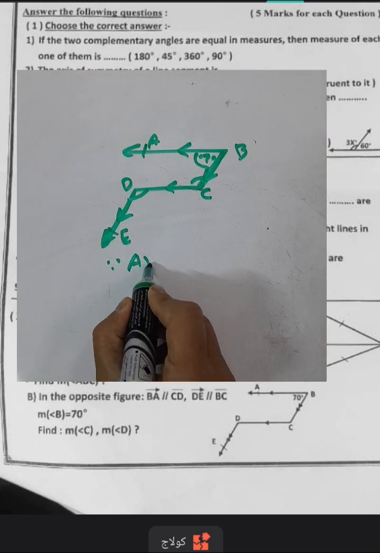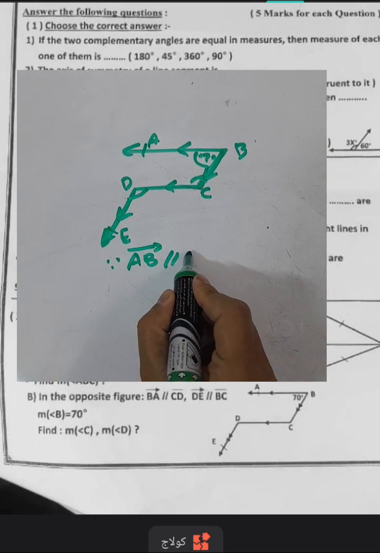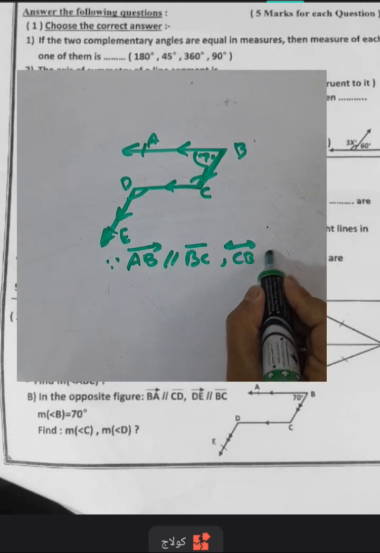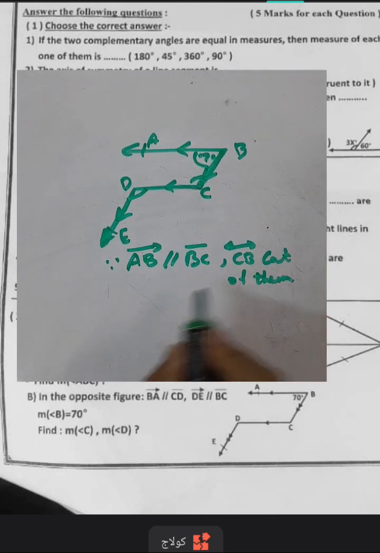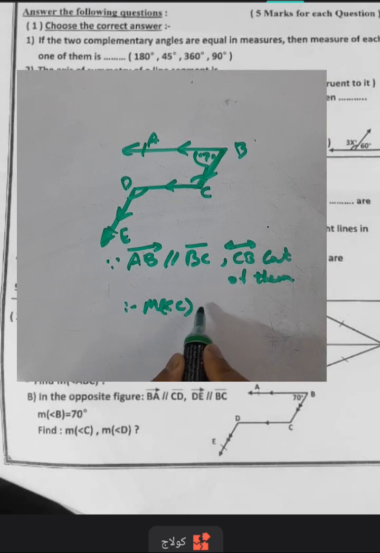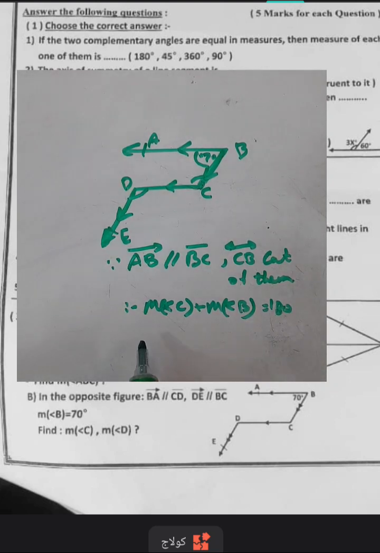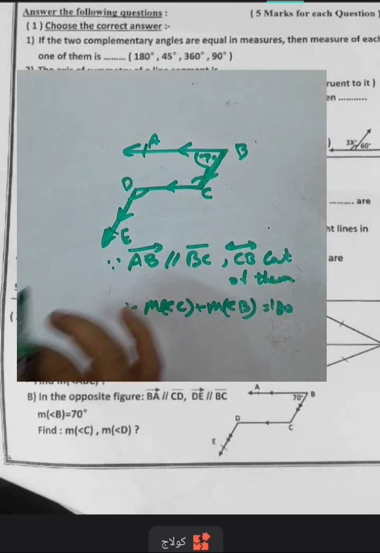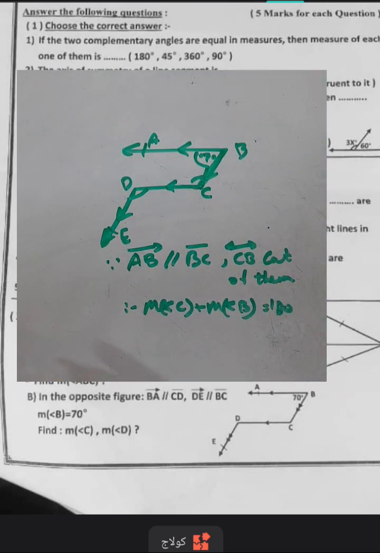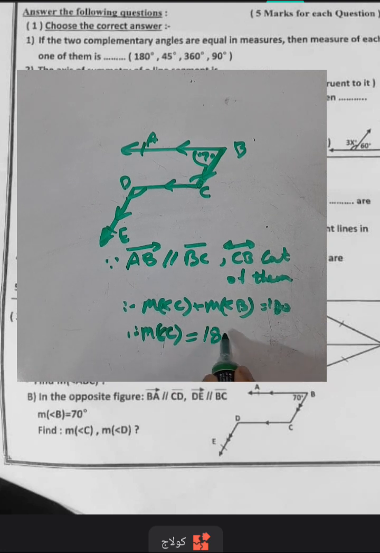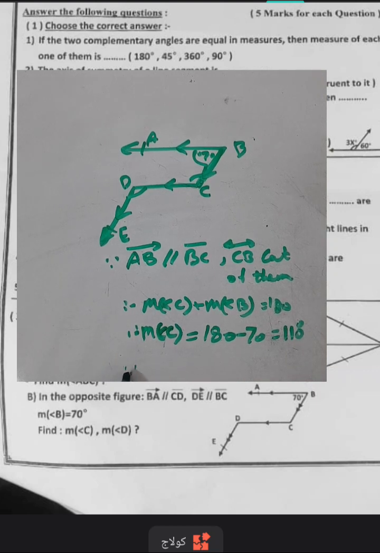Such that AB is parallel to CD and straight line CB is a transversal of them, then the measure of angle C plus the measure of angle B equals 180. We call them two supplementary angles, the sum of them equal to 180 degrees. Then the measure of angle C equals 180 subtract 70, equal to 110 degrees.